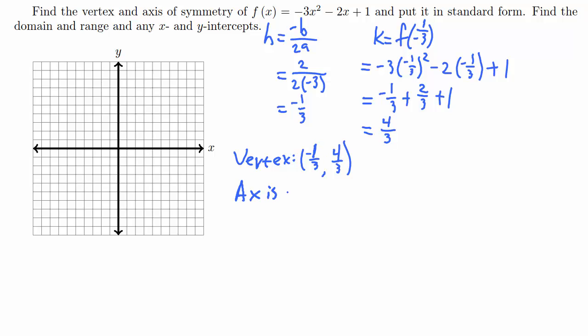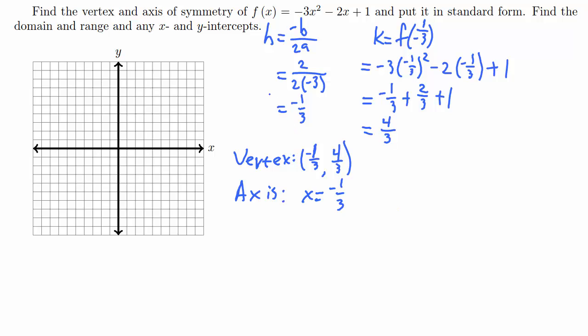That also means that the axis of symmetry is x equals negative 1/3. Because it's always x equals the x coordinate of the vertex.